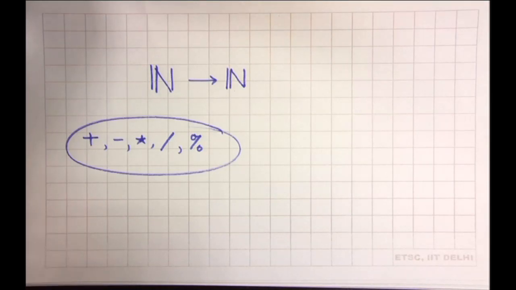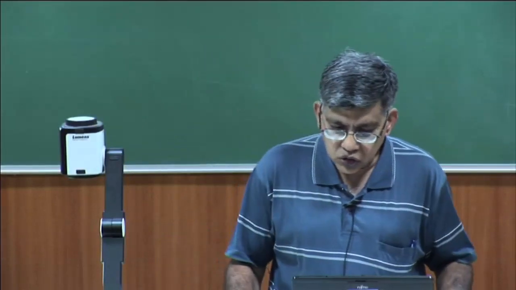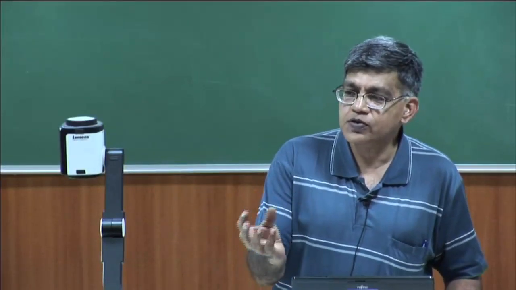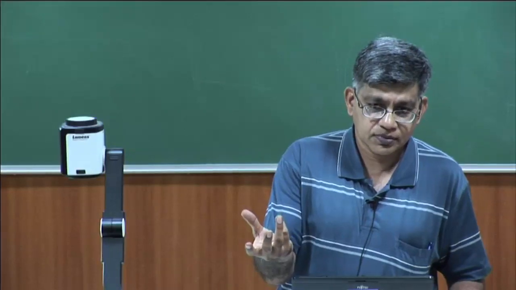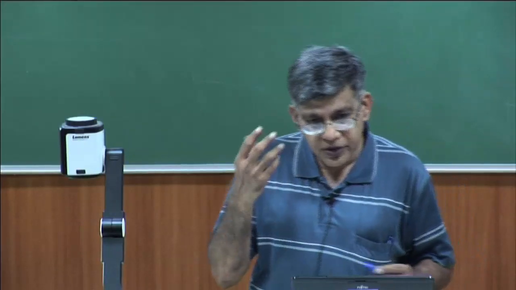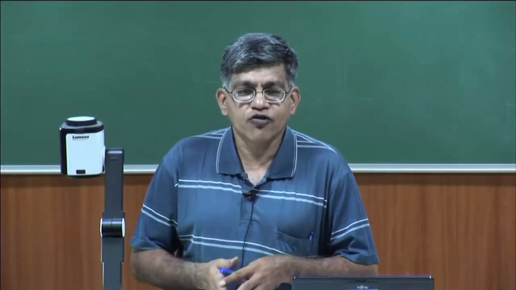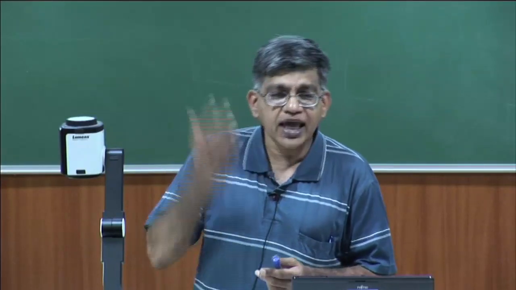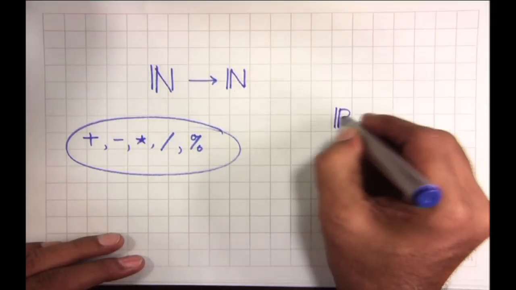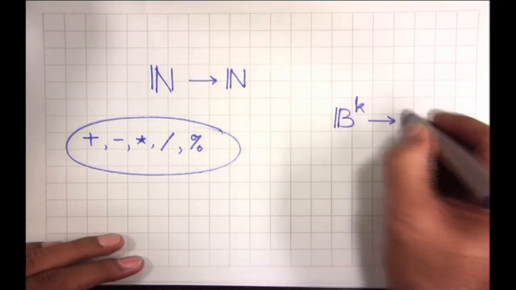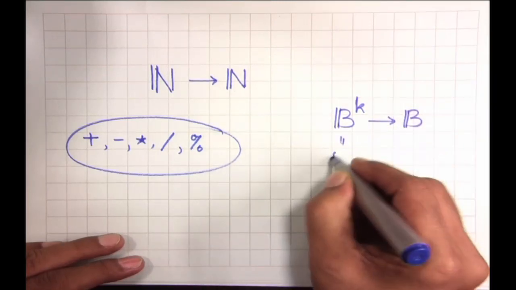On the other hand, Boolean algebra is sort of specially constituted, okay. And that special constitution is that the operators that we have got form a functionally complete set. You take any arbitrary Boolean operator, you define your own arbitrary Boolean operator, let us say a k-ary Boolean operator from B raised to k to B, where B is the set {0, 1}.